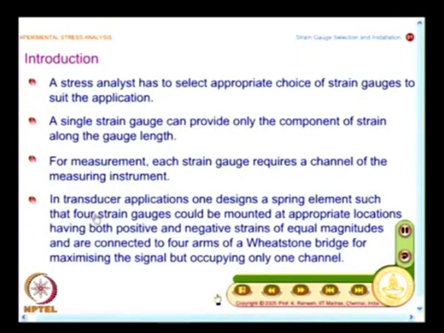See, in the case of transducer applications, one designs a spring element such that 4 strain gauges could be mounted at appropriate locations. Why do we do this? In transducer application, you want to maximize the signal and you design your own spring. So, when you design your own spring, you ensure that you quadruple the signal.